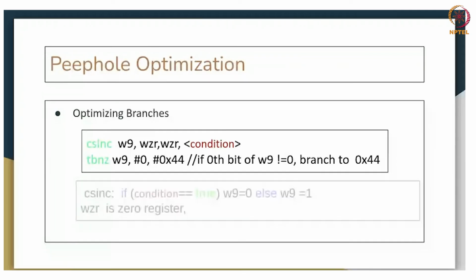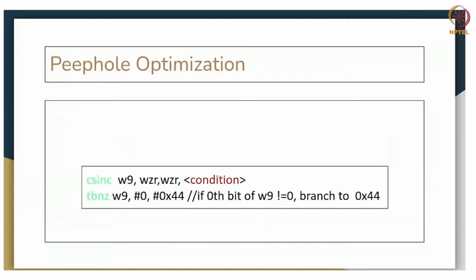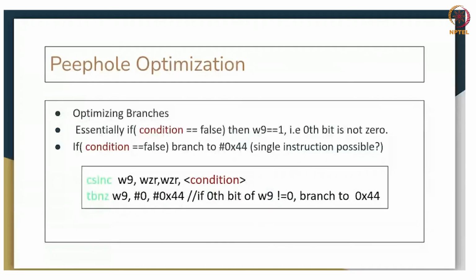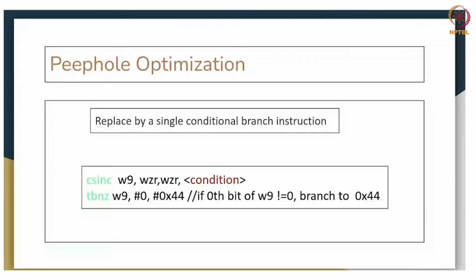So if the condition is false, branch to 0x44. A single instruction is possible. Let's say a BCC instruction is available, using which this code can be transformed into different machine code. Not going into detail about the architecture. So such small optimizations are possible.